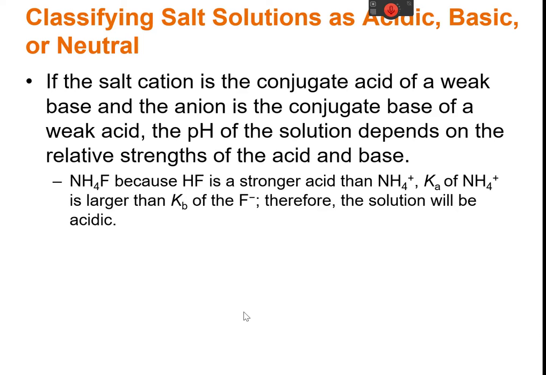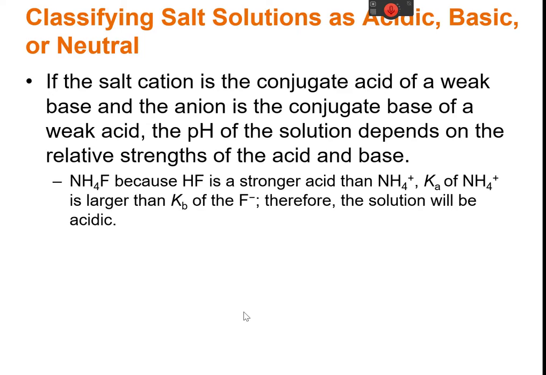I'm going to briefly talk about this because I'm sure some of you are thinking about it, but it's not something I'm going to dwell on a lot this semester. You might be thinking, well, what if you have a mix of both? What if you have something that is the conjugate base of a weak acid along with something that's the conjugate acid of a weak base?